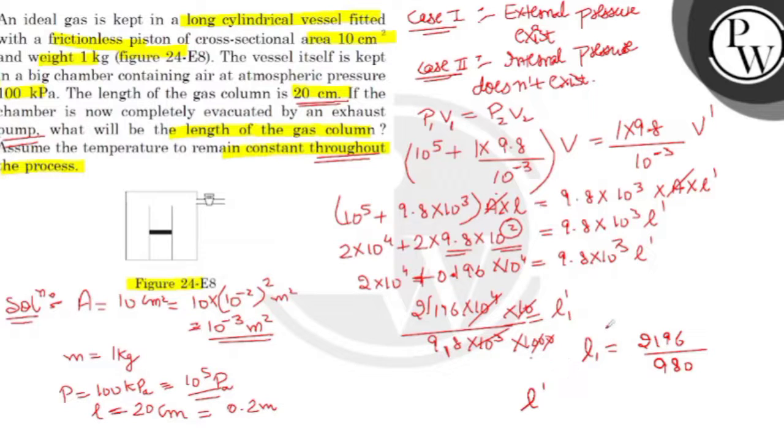So L dash is 2.24081 meter. What is L dash here? It is the length of the gas column when all gas is exhausted from that chamber. I hope you understood it well. Best of luck.